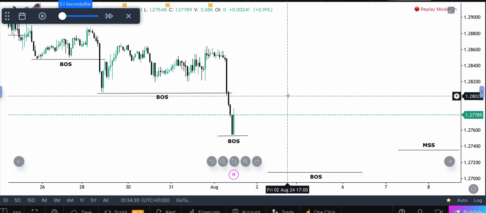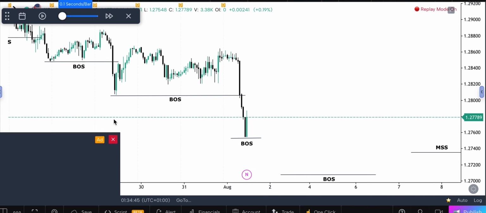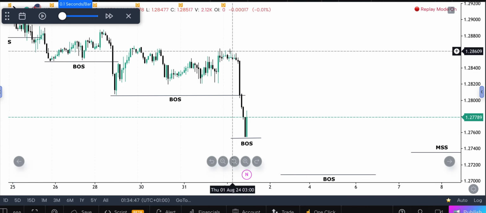After price violates and breaks this structure here, we are going to be marking out our zones. Like I said, our supply zone is always at the top.